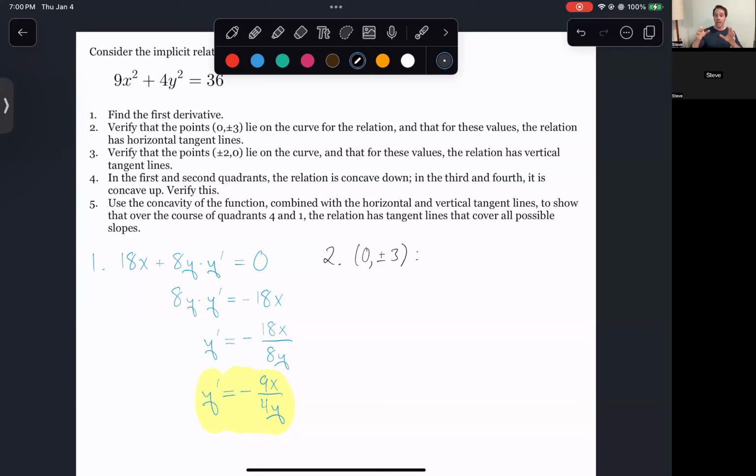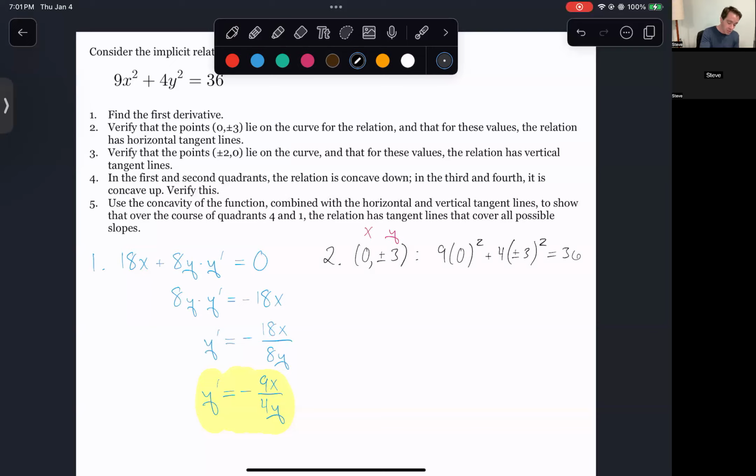That will give us 9 times 0 squared plus 4 times plus or minus 3 squared equals 36. If this equation is true, then we're in good shape. That means that this actually does lie on the relation.